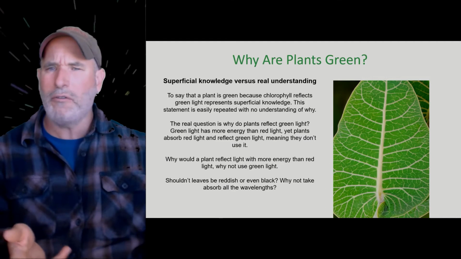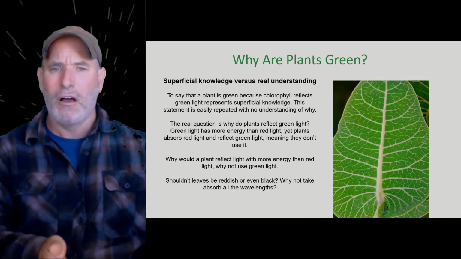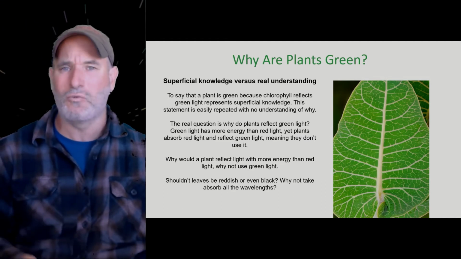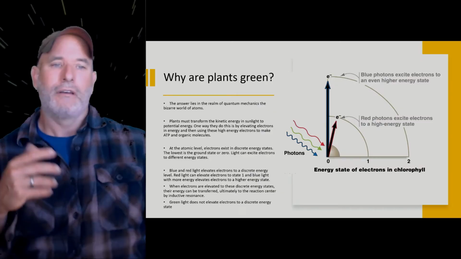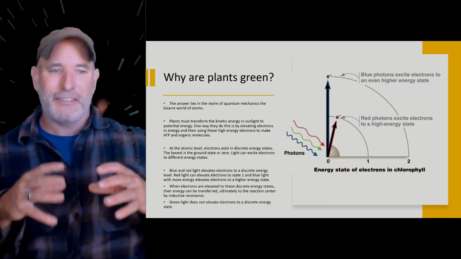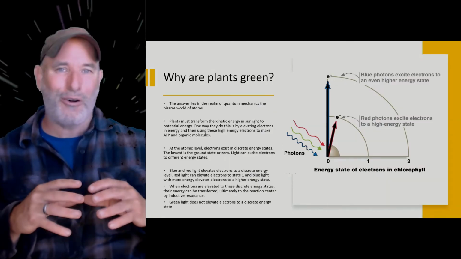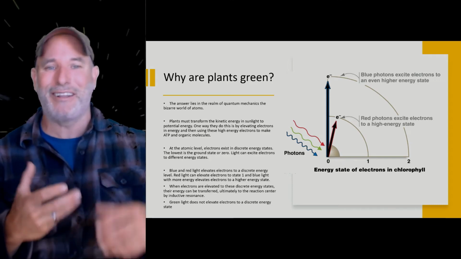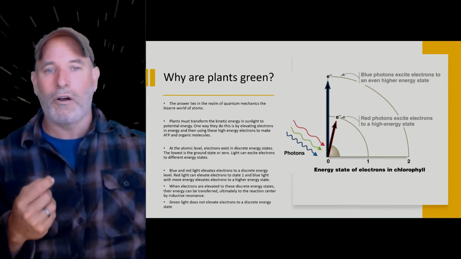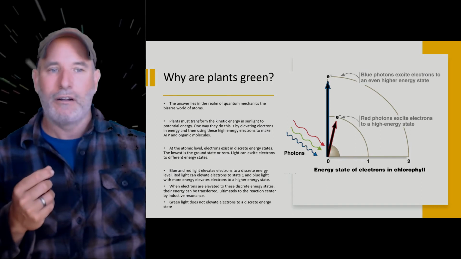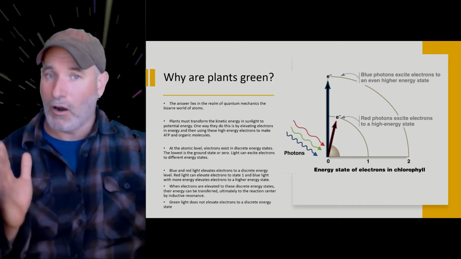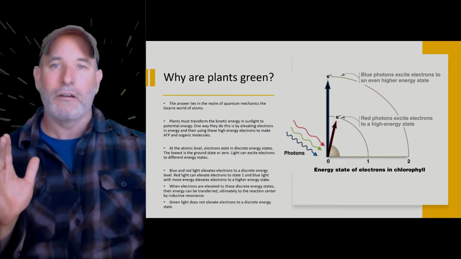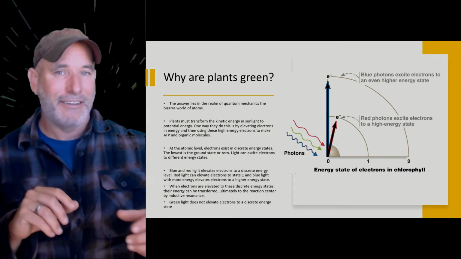So why reflect a wavelength of light at all? Especially why reflect green light that's way more energetic than red light? The answer lies in the bizarre world of atoms, right? At the atomic level, the world does not behave the way it does in our macro world, our large world. And I'm going to come back to that in a few minutes.